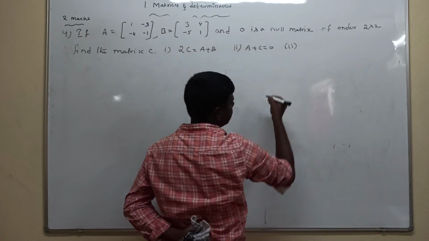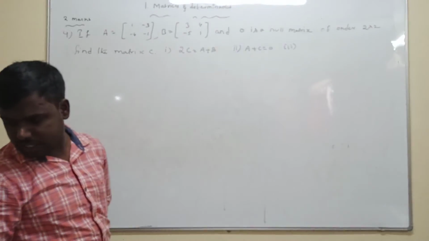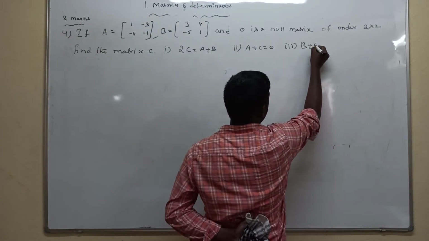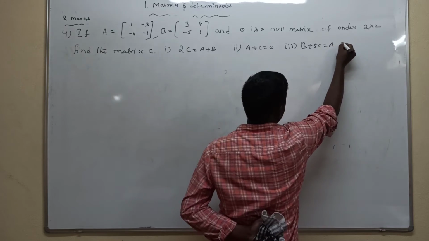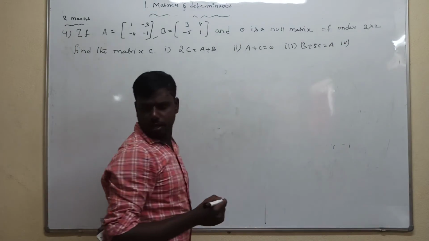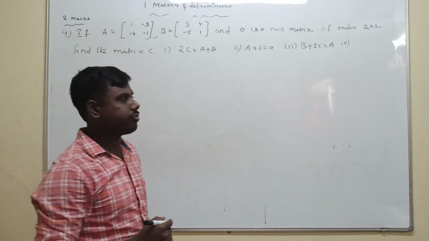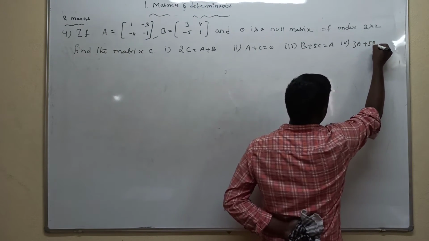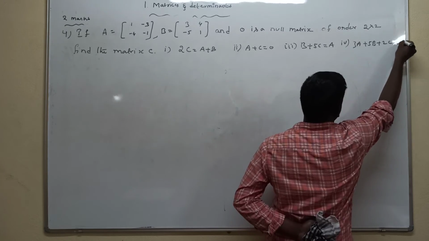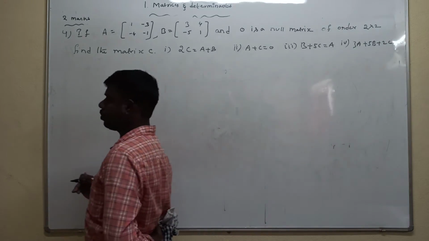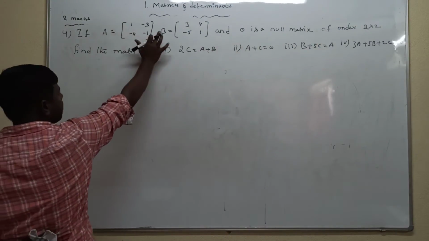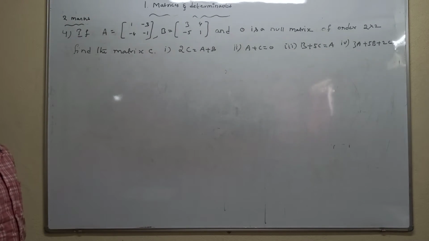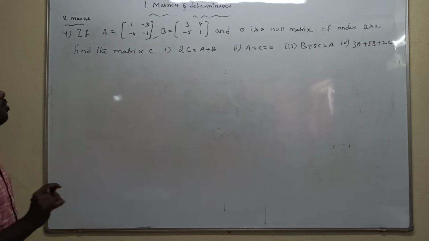The third one is B plus 5C is equal to A. And the fourth is 3A plus 5B plus 2C is equal to 0. Observe in these questions, A matrix is given, B matrix is given, and we need to calculate the C matrix.